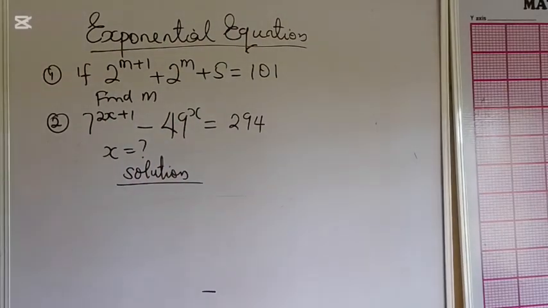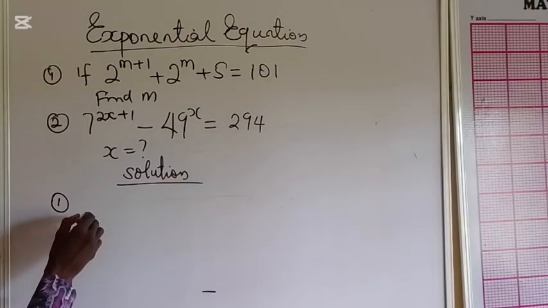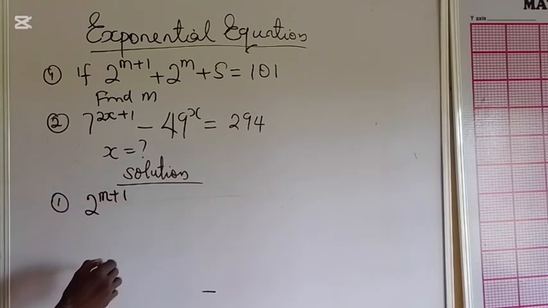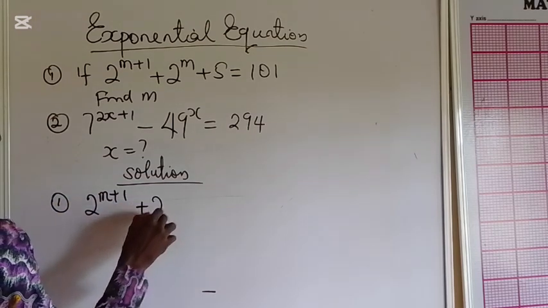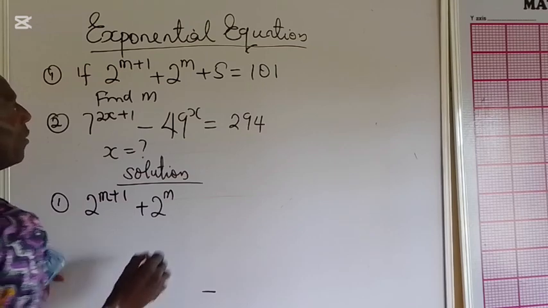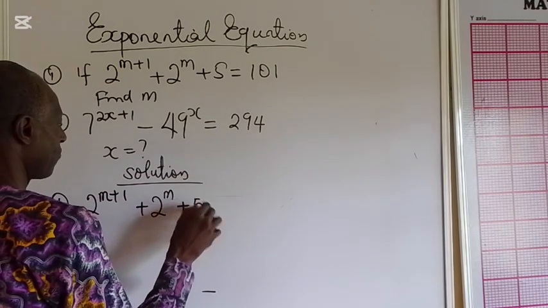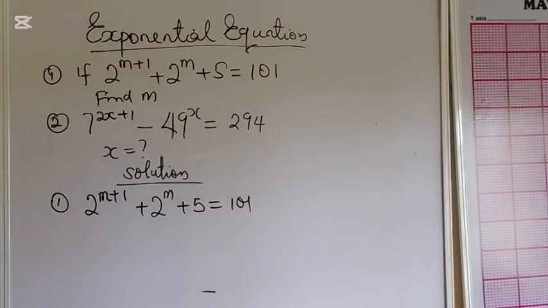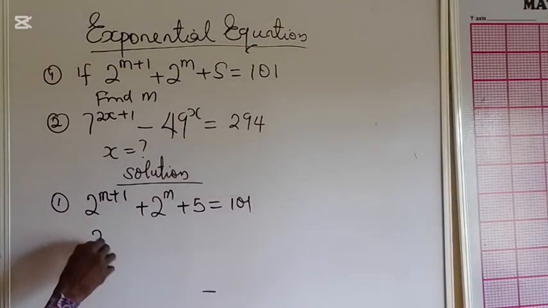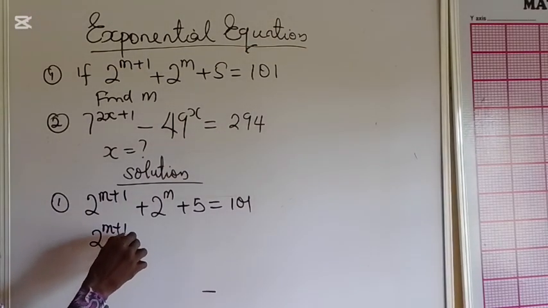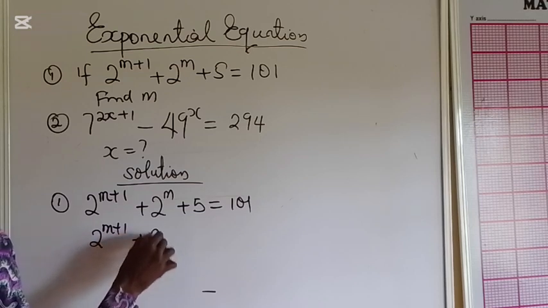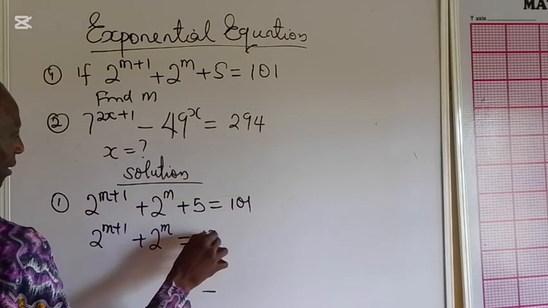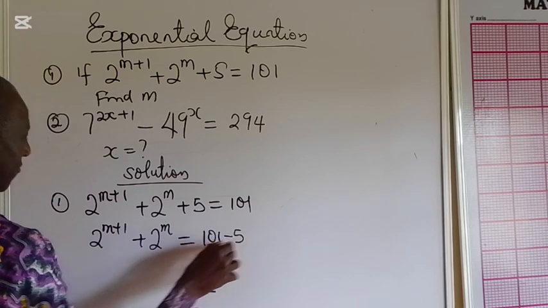Now let's take number 1, solution. Say 2 raised to power n plus 1 plus 2 raised to power n plus 5 is equal to 101. I'll now write 2 raised to power n plus 1 plus 2 raised to power n is equal to 101 minus 5.